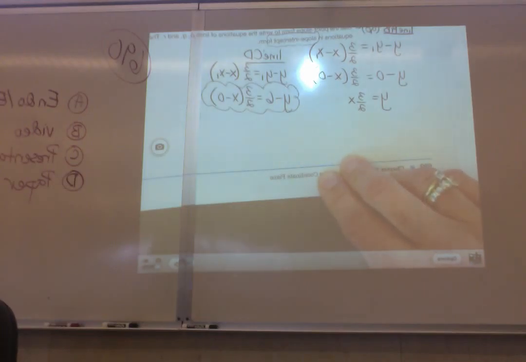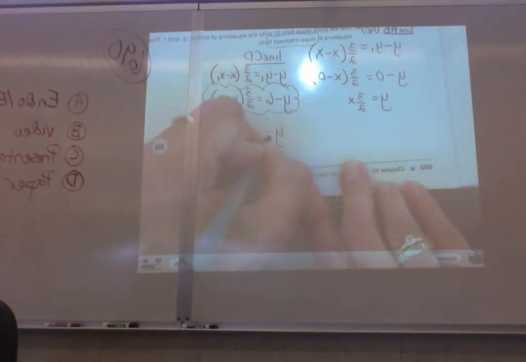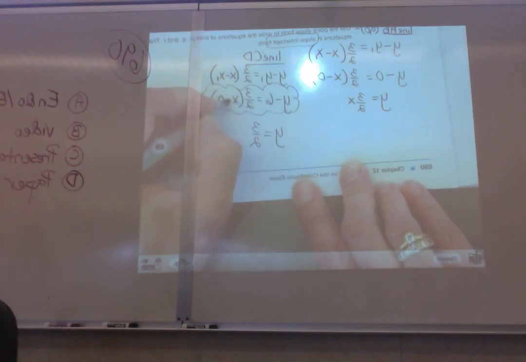They also want it handy in slope-intercept form. So I need to get the y by itself. How do I move that 6? Add the 6 to both sides. Y equals 3 over 2. This x minus 0, I can just write it as an x.